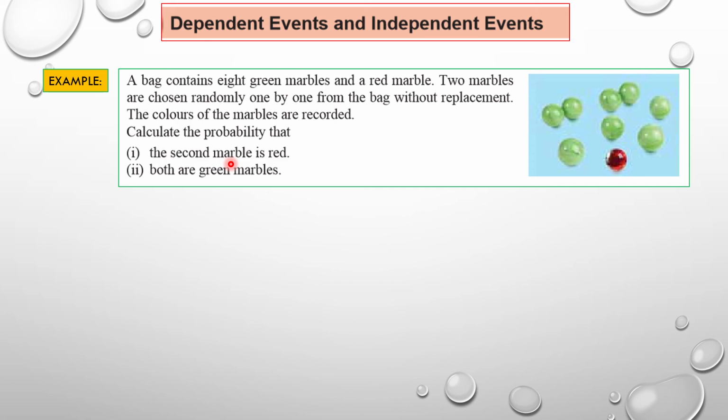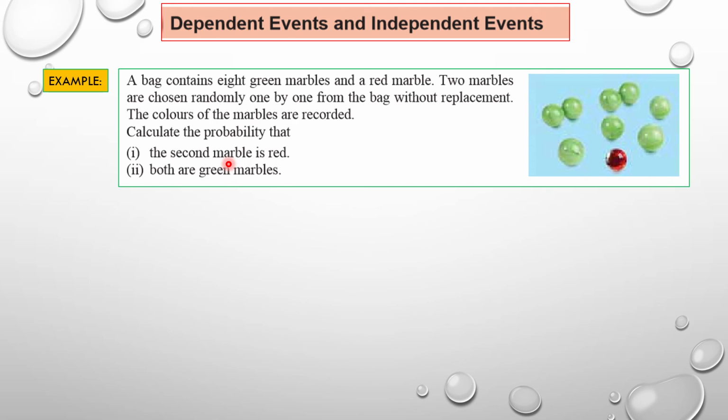Now, since the first marble is not being replaced or put back into the bag, therefore for the second pick, the number of marbles in the bag will be reduced by 1. Okay, so here it is dependent events. Why dependent? Because the occurrence of the second event is affected by the occurrence of the first event.